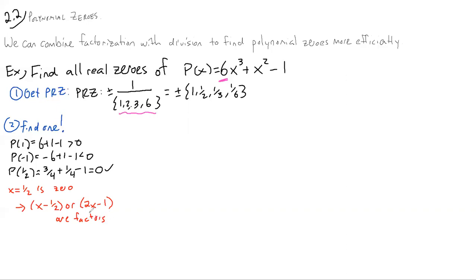You certainly can. I just really don't want to. It's going to make everything I do later much, much harder. So I'm going to stick with the 2x minus 1. That does mean that I'm not really set up very well for synthetic division, but you know what? I actually like long division better. So I'm going to factor that out using long division.